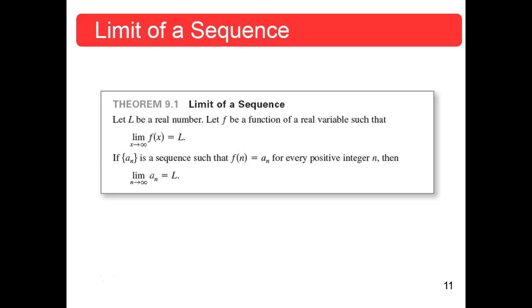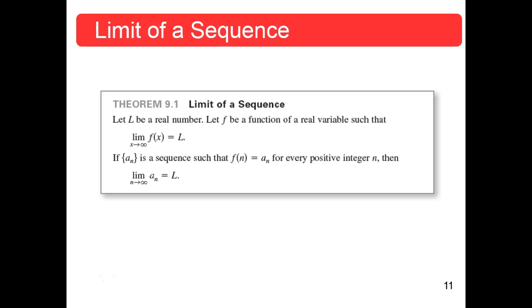Then, if a sub n is a sequence such that this f of n is equal to your a sub n, if this defines your nth term there, and this limit exists, then the sequence also exists. That's what they're saying.